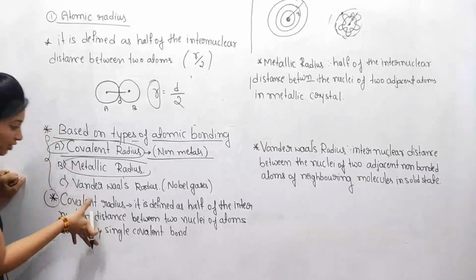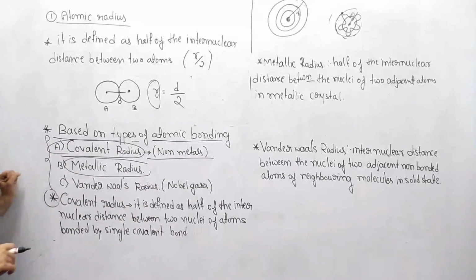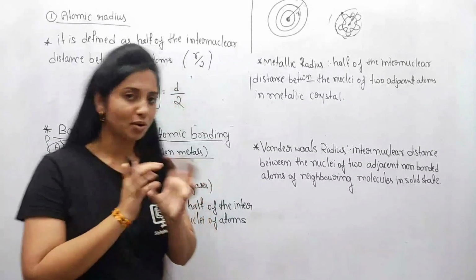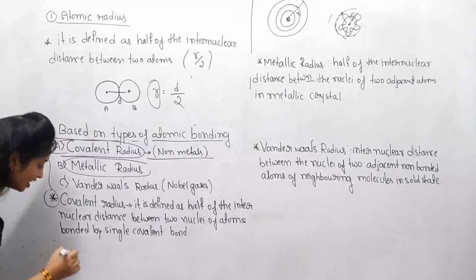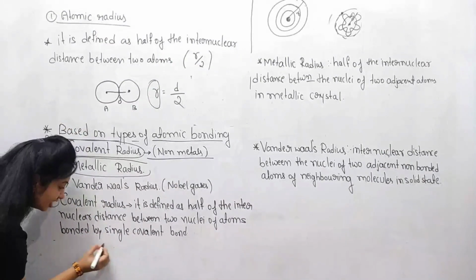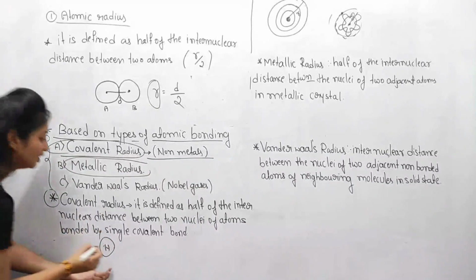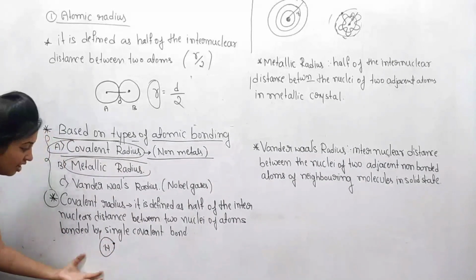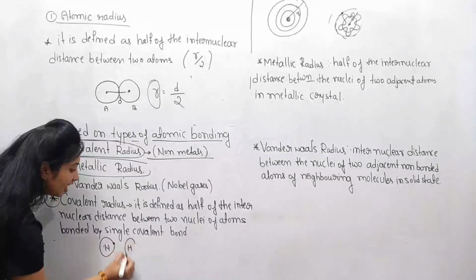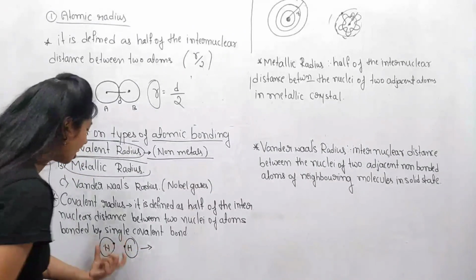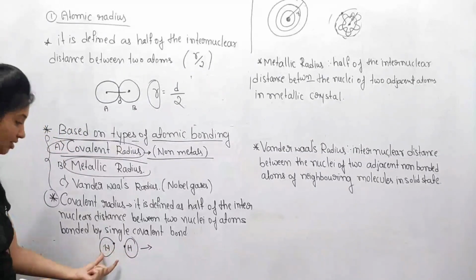Before we know the meaning of covalent radius, first you should know how the covalent bond is formed or takes place. Consider this is a hydrogen atom and it has one electron, and this is another hydrogen atom. Then how do the bonds take place here?